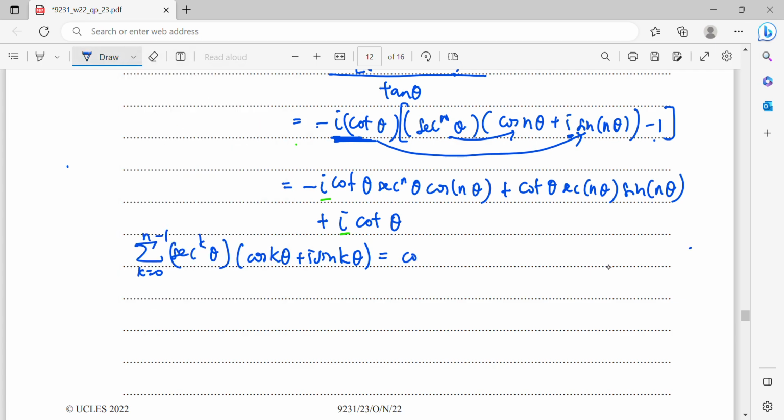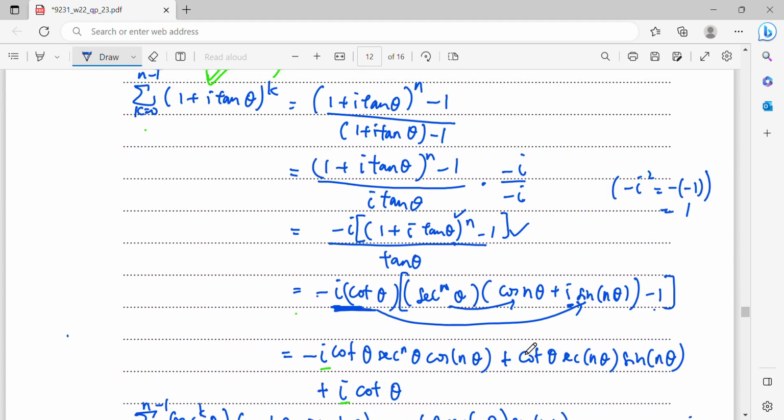So I will write down the real part first. All right.